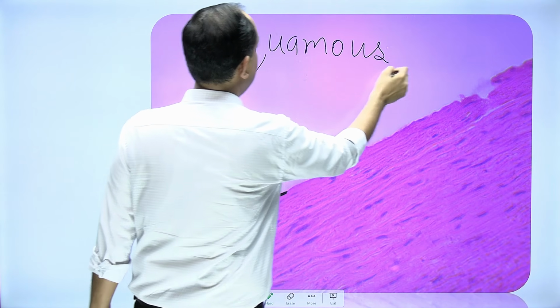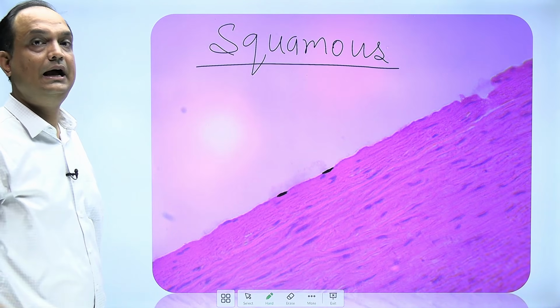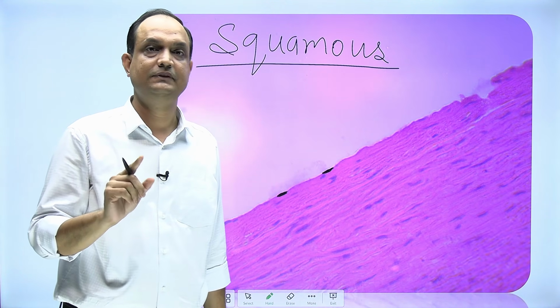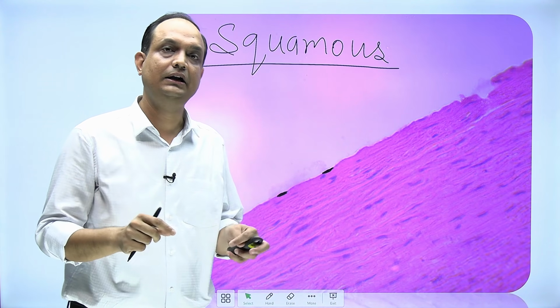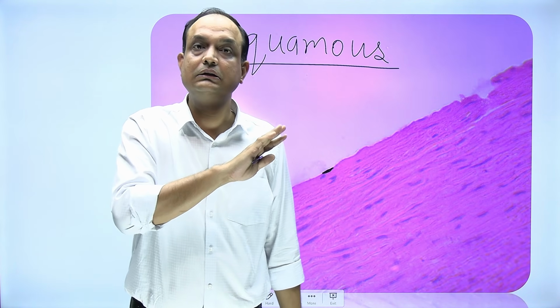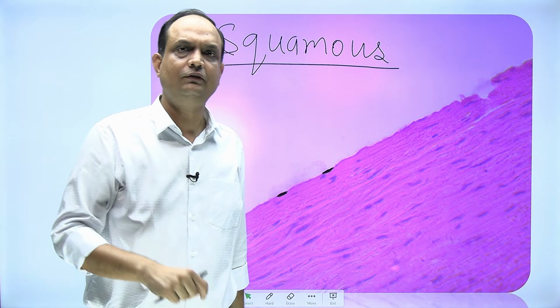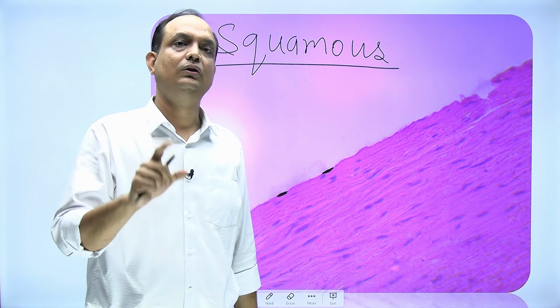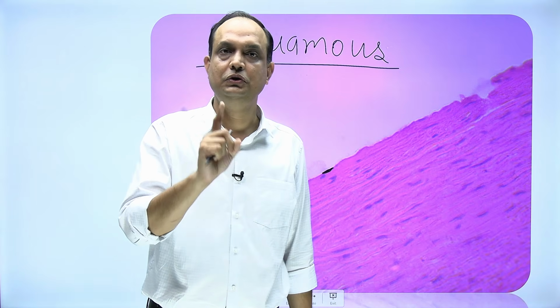So, how am I able to identify this? I am not concentrating on the shape of the cell. You have already learned that the shape of the cell is elongated, but we are not concerned with the shape. Shape is not visible generally. We are always concerned with the shape of the nuclei.